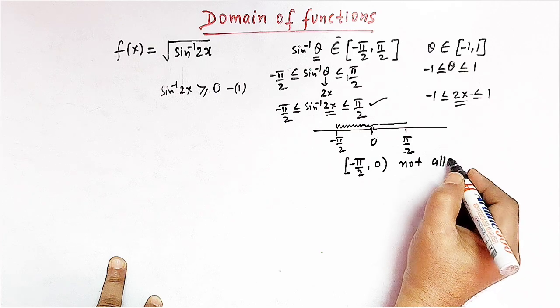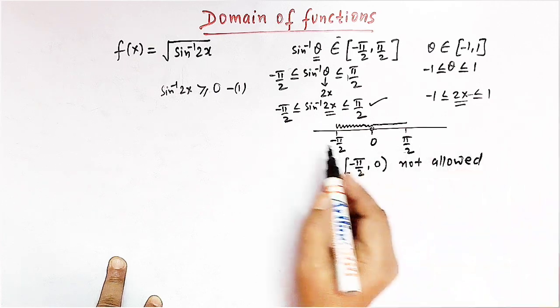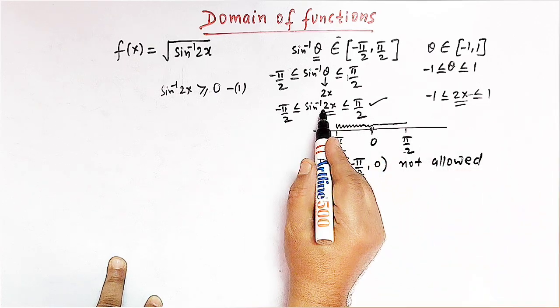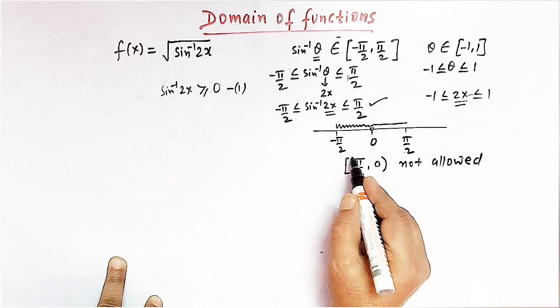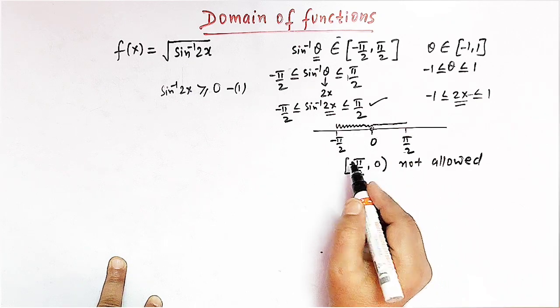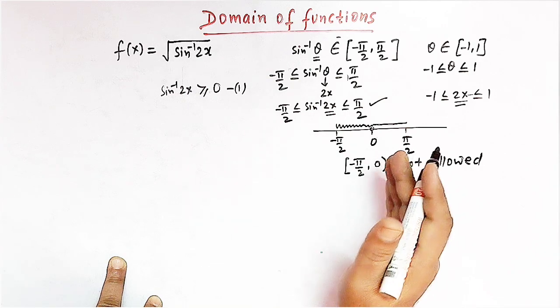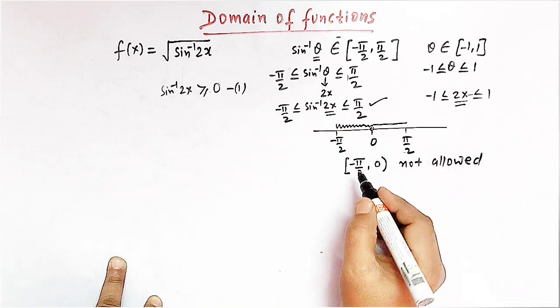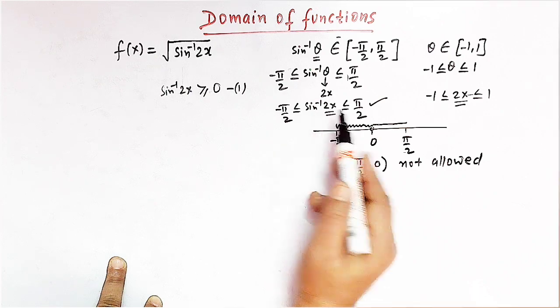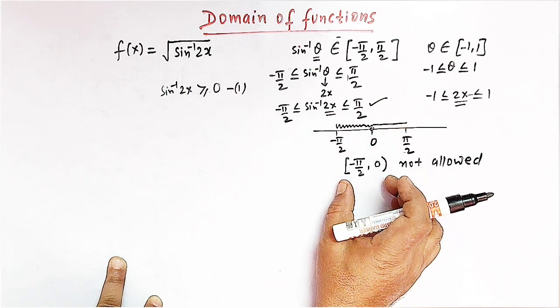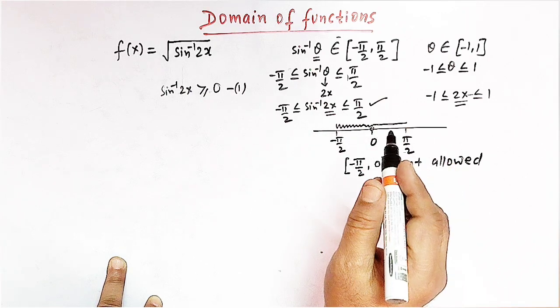So these are not allowed because here sine inverse 2x is negative, that is in this interval which is closed from the left and open from the right. So all the values of sine inverse 2x which lie within this interval are negative, right?